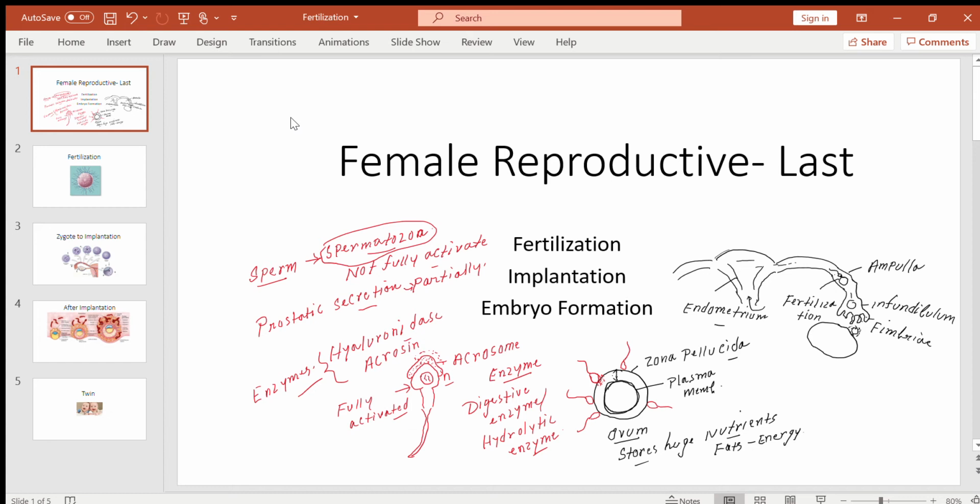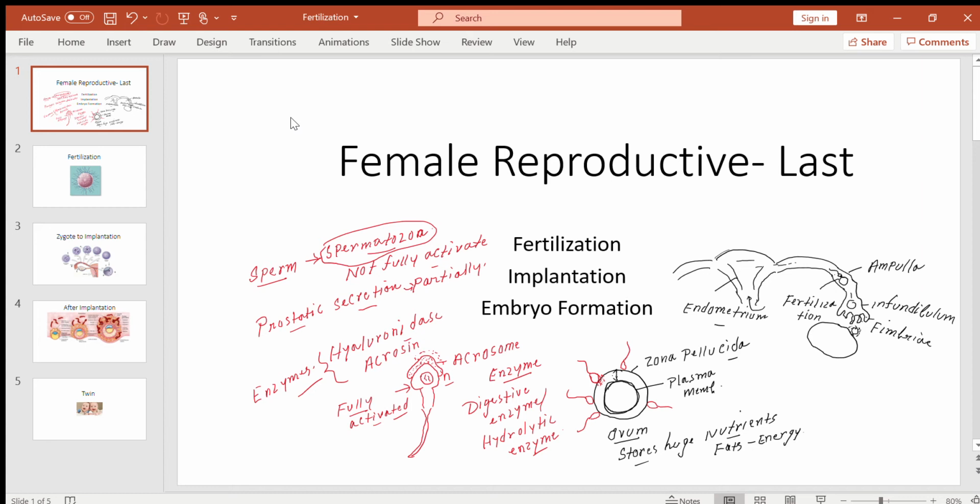Inside the female body, after the sperm enters, it gets fully activated. So in the male body, by the prostatic secretion, it is partially activated. Then it enters into the female body and gets fully activated.